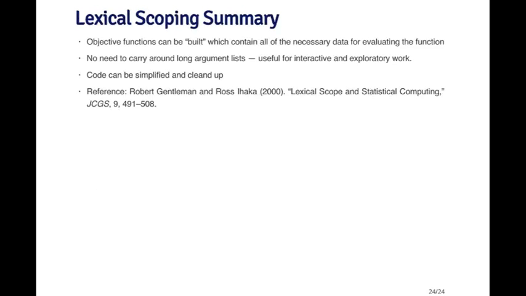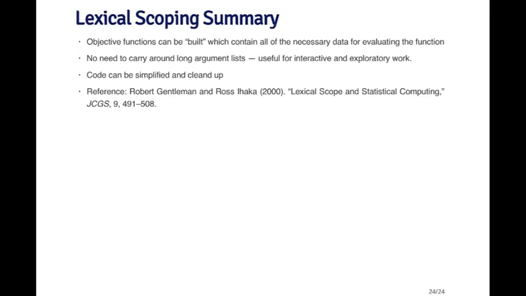So the nice thing about lexical scoping in R is that if you're doing minimization or optimization of some sort, you can build these objective functions which contain all the necessary data and all the other bells and whistles that are required to evaluate that function into the enclosing environment of the function, so that when you call the objective function, you don't need to specify the data and all those other things every single time.